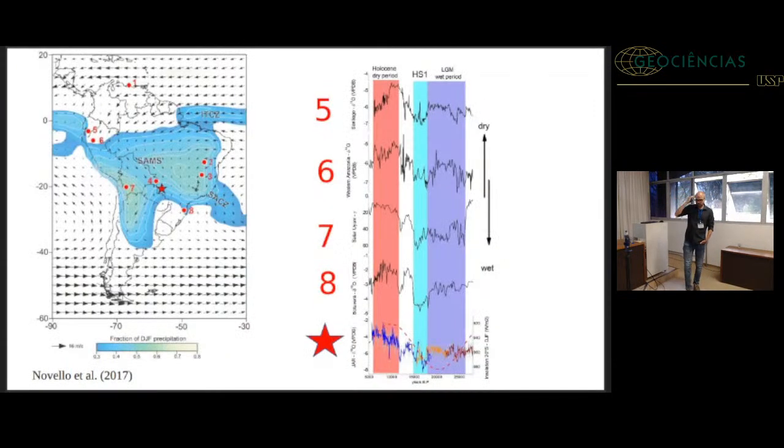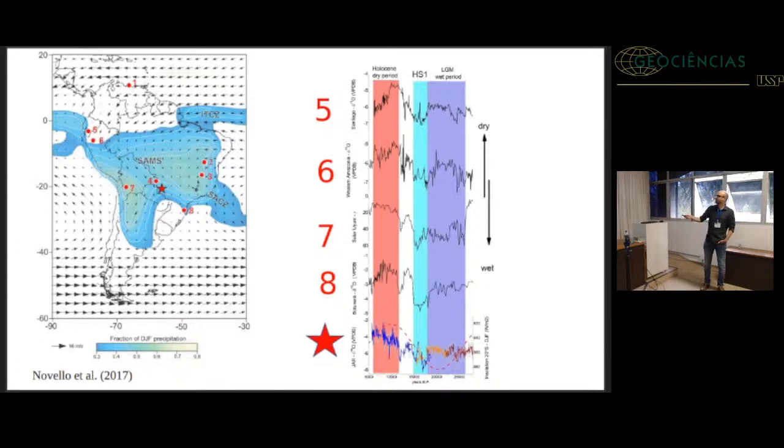Just a parenthesis here to explain why we're interpreting the δ18O as a proxy of the monsoon. Here's a comparison between our record in this stalagmite and other δ18O records in South America, points 5, 6, and 8. Here is our stalagmite. They all show more negative δ18O during the glacial period and more positive during the Holocene, which is connected with insolation, higher insolation during the glacial period, lower insolation in the Holocene.